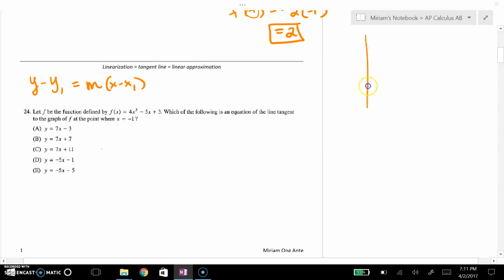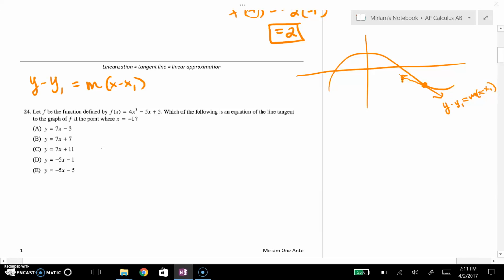And if you want a visual of what linearization is, let's say we have a curve, and given any point, let's say this point right here, linearization at this point means we're going to make a line, and this line has this formula, and we're going to use this line to approximate the y values of the function.